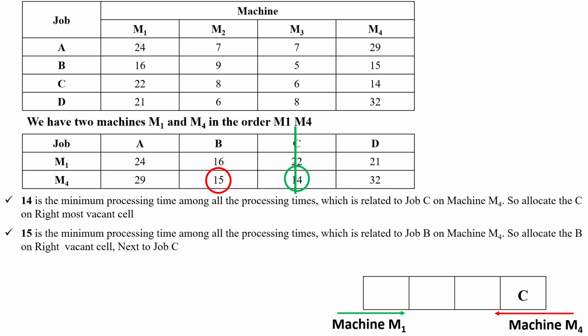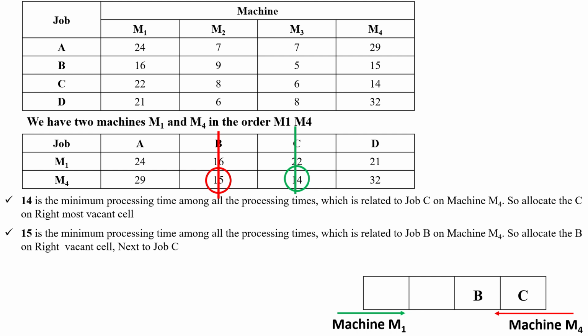So we have to allocate job B on the right vacant cell next to job C. So here job B is also on machine 4, so we have to place this job B from the right hand side, next to job C. Then we have to delete the job B column.